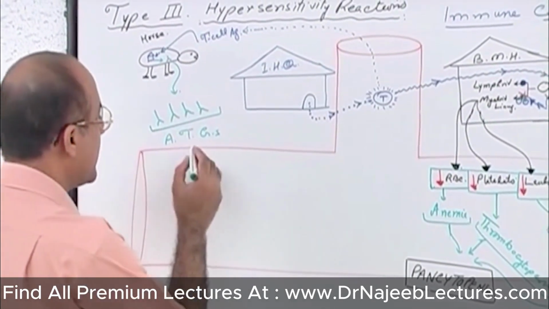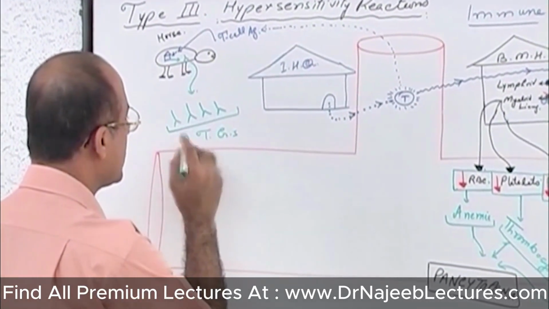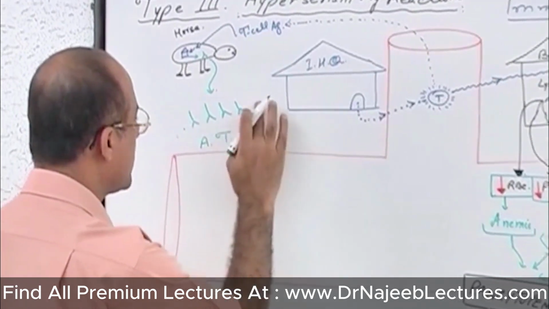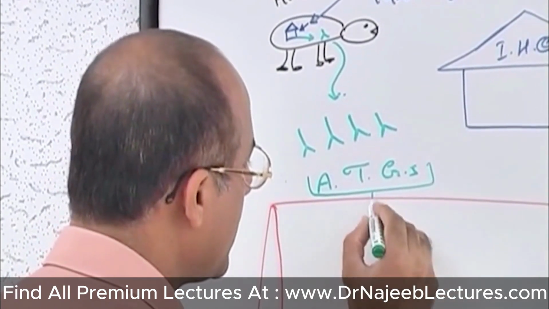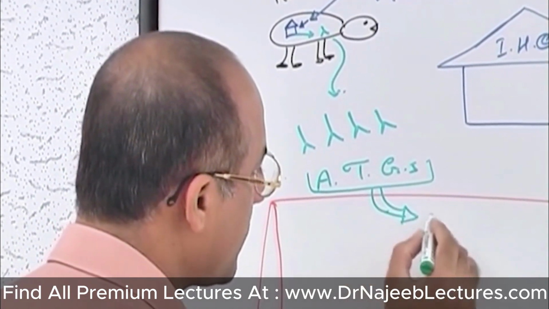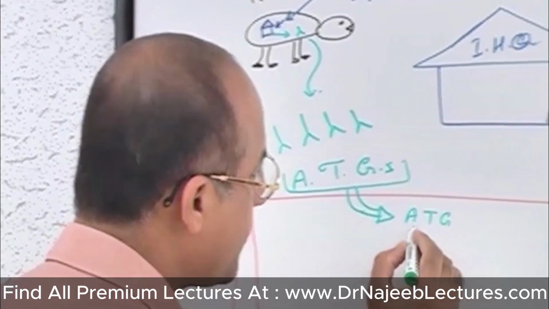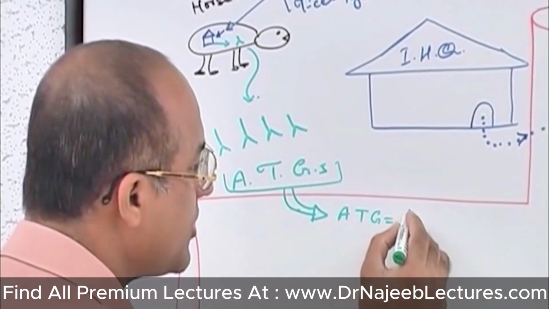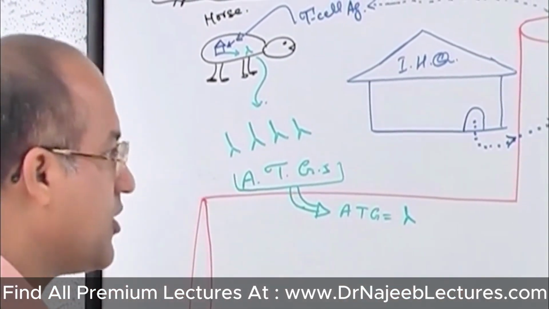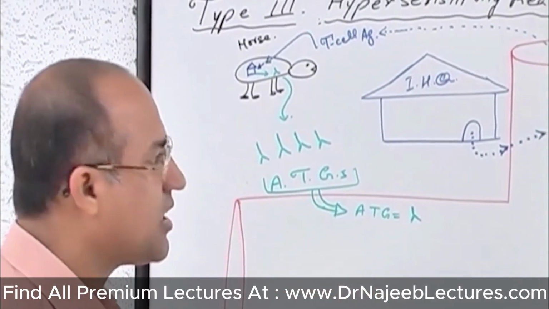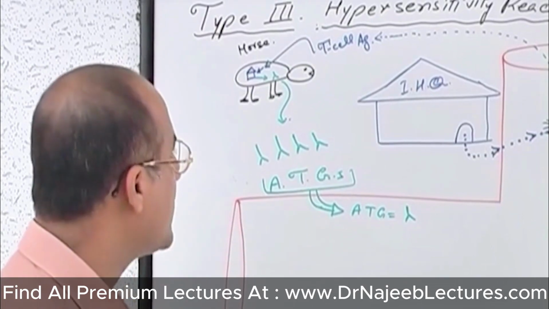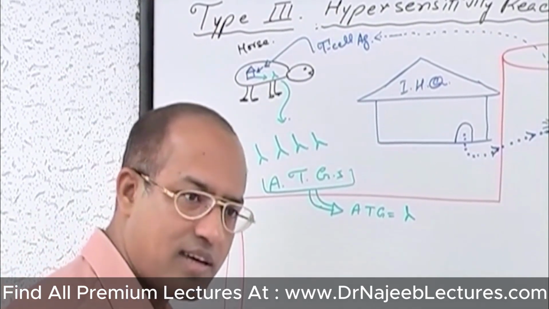Now, we give an injection of these ATGs to our patient. What are ATGs? These are special antibodies which are horse derived antibodies, and these antibodies are directed against human T cells. I hope up to now the story is clear.